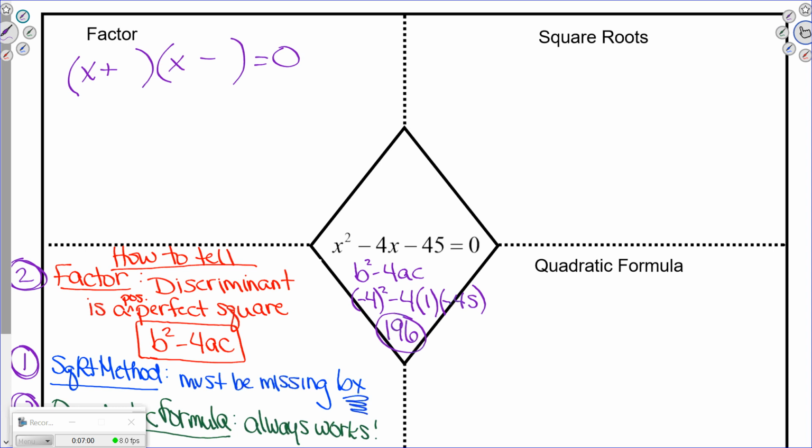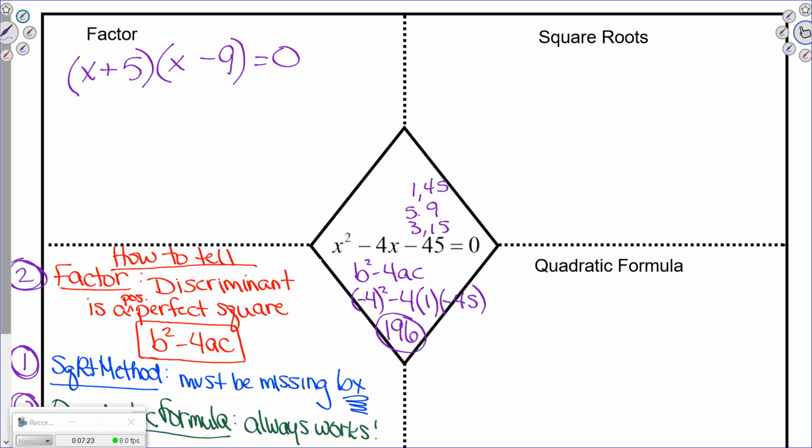All right, so you have 1 and 45, 5 and 9, and we also had 3 and 15. And yeah, 5 and 9 is going to work. Which one's negative? It'd be the 9. Right, that way 5x minus 9x gives me the negative 4 in the middle.